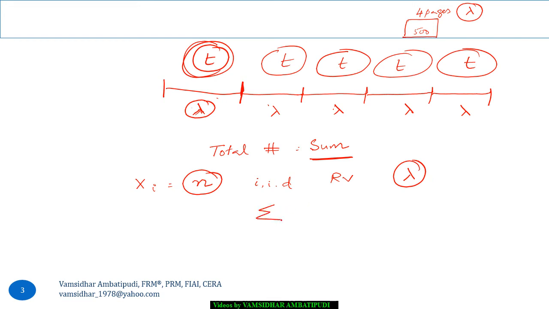If I am talking about the summation across the entire set of values, and I say that XT is the summation, it also will follow a Poisson distribution, but it will have a mean of n lambda. So in this case, it will have a mean of 5 lambda. If I am talking about the number of random events occurring in this 5T time period, I can very well say it also follows a Poisson distribution with a parameter 5 lambda.